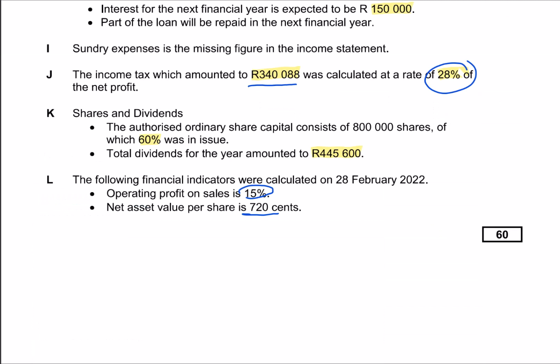So basically the net asset value, the NAV, the formula is given by shareholders' equity divided by number of shares, to get the net asset value.